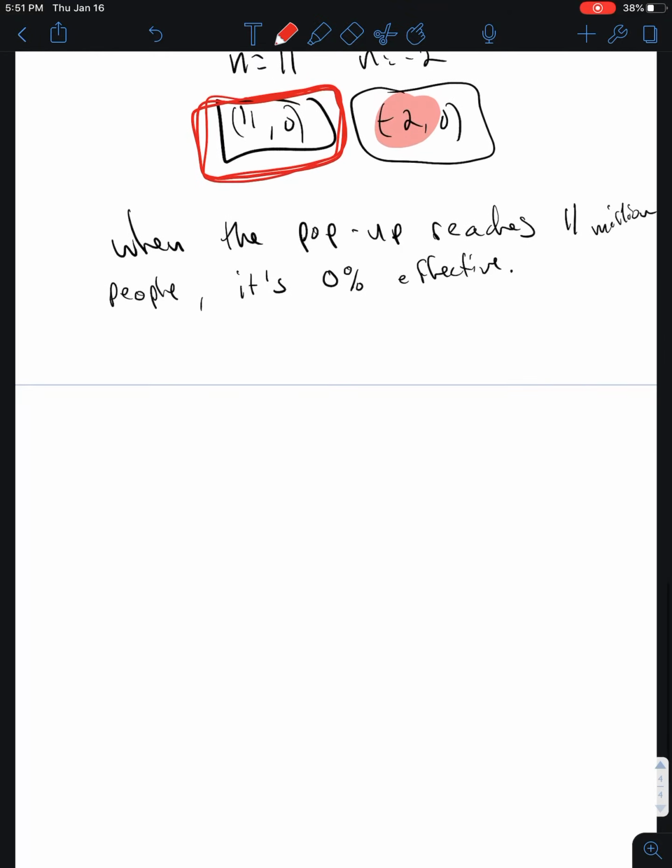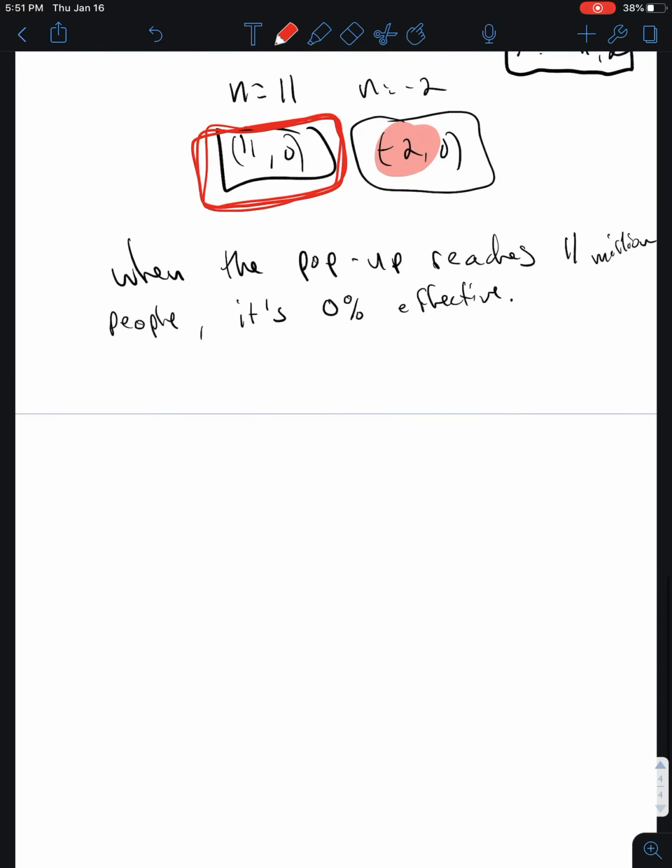So then the next one, are you okay with that? Part A? So these are the zeros. So what happens when you solve them? Positive 11 and then -2. And 11 is the 0% effectiveness.